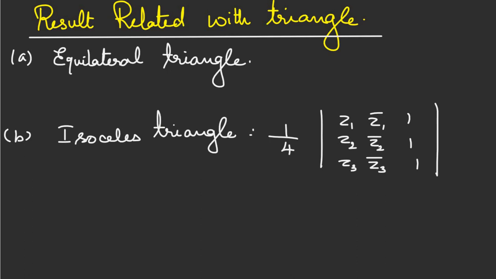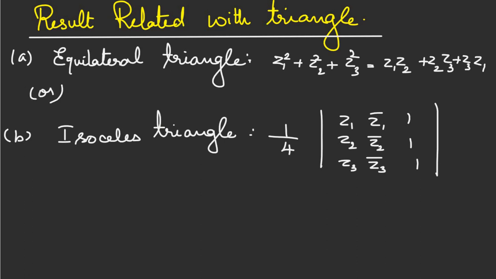Results related to a given triangle with vertices z1, z2, z3: for an equilateral triangle, z1 square plus z2 square plus z3 square is equal to z1 z2 plus z2 z3 plus z3 z1. Or it can be given as 1 by (z1 minus z2) plus 1 by (z2 minus z3) plus 1 by (z3 minus z1) is equal to 0.